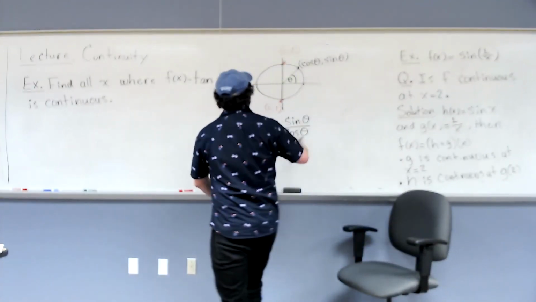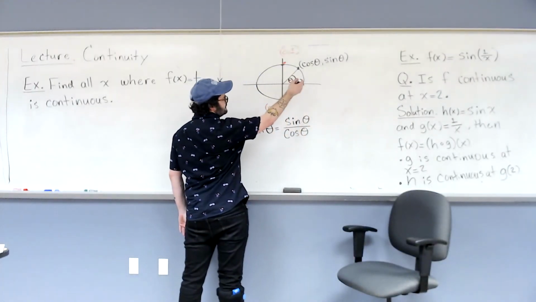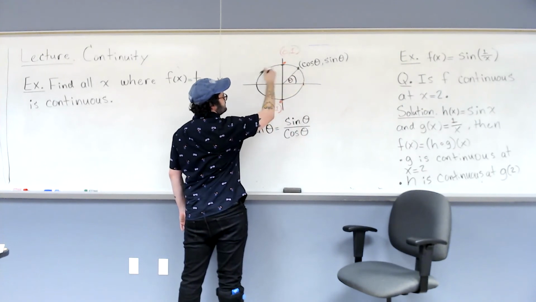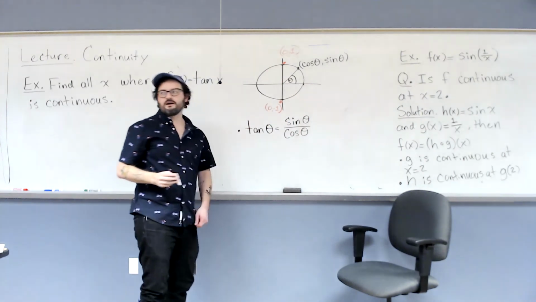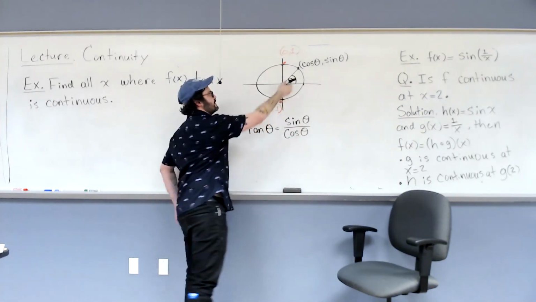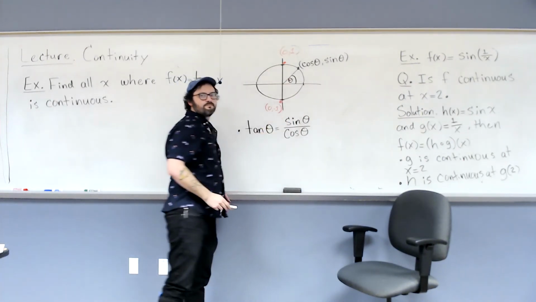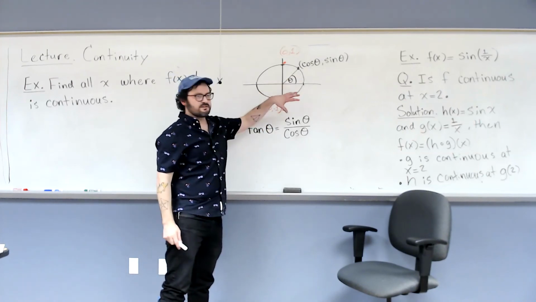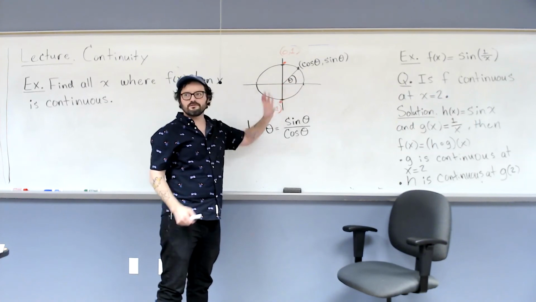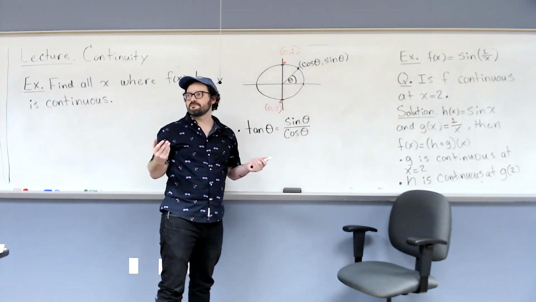So, this is a circle, right? From here to there, that angle is pi. To wrap all the way around is 2 pi. So that basically means that we can cut this unit circle into fourths, right?